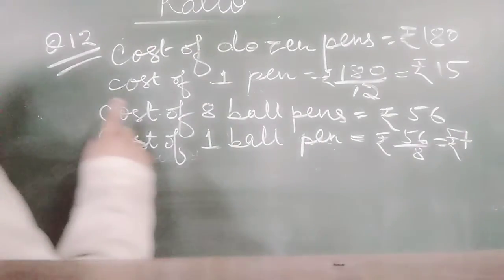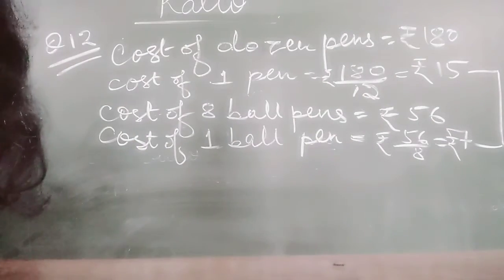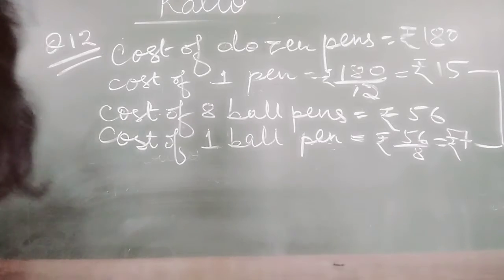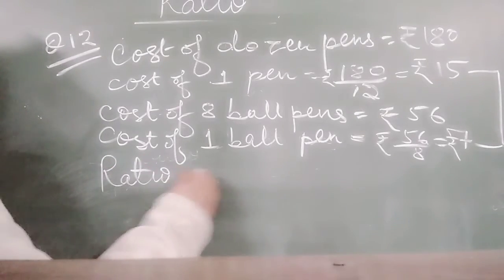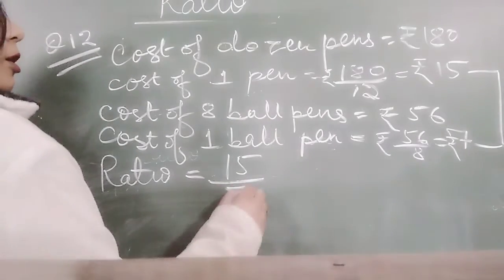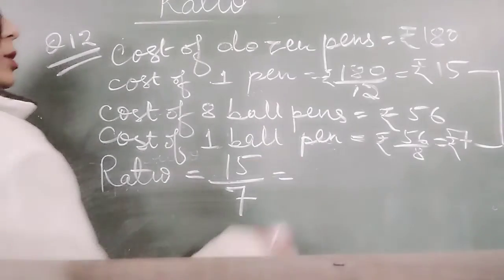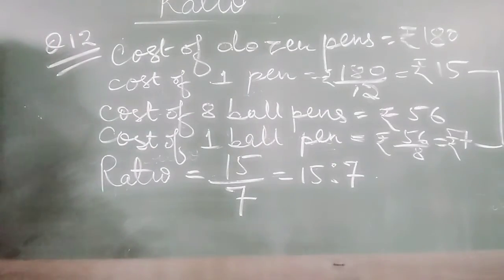Now we will find out the ratio of the cost of 1 pen to the cost of 1 ball pen. Now the required ratio is 15 upon 7. They are co-prime numbers, so we cannot cancel them. So the ratio will be 15:7.